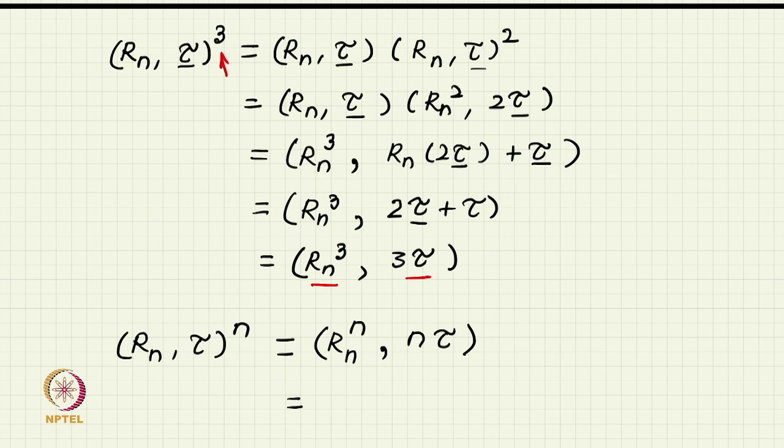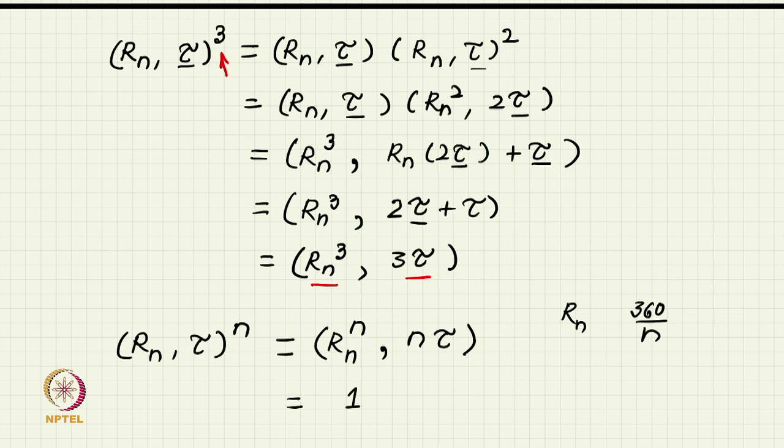But notice that Rn was a n-fold axis, so it was a rotation by 360 by n. So, if you apply it n times, the total rotation will be 360 by n into n, that will be 360. So, Rn raised to the power n is nothing but an identity operation.